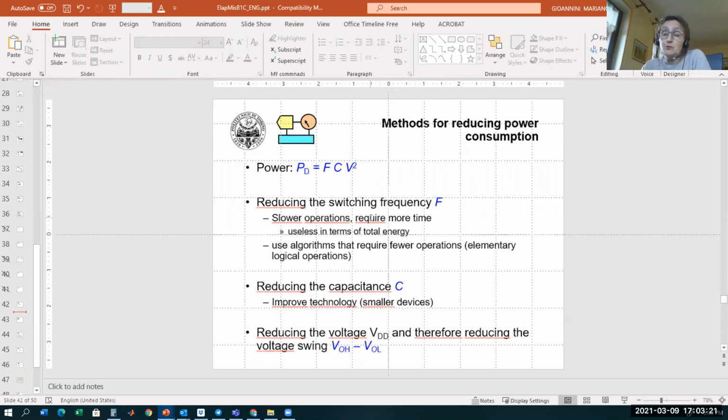So if you reduce the number of transitions, it is better. You have to improve the technology, which means that you have to be able to integrate devices with smaller capacitance, so smaller devices with smaller area. Or you must be able to reduce the voltage supply VDD, but having as a drawback the reduction of the voltage swing between VOH and VOL.